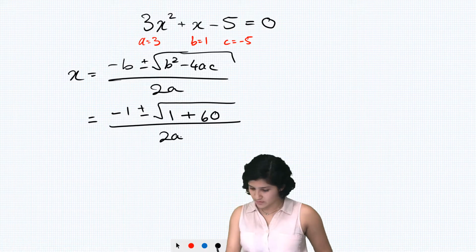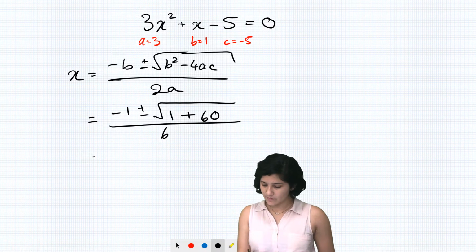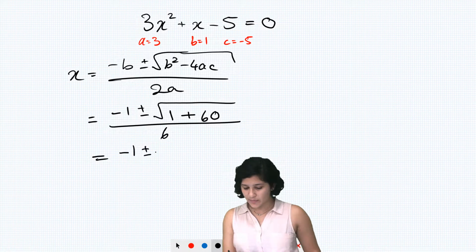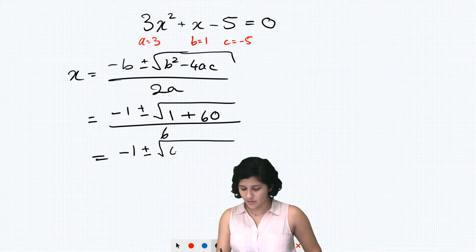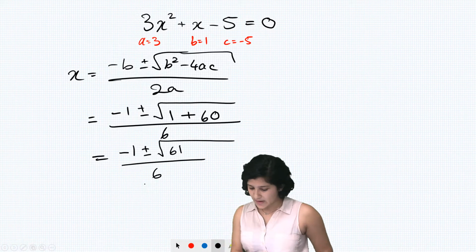Oops, not a. 6. Okay, so we've got minus 1 plus or minus square root of 61 over 6.